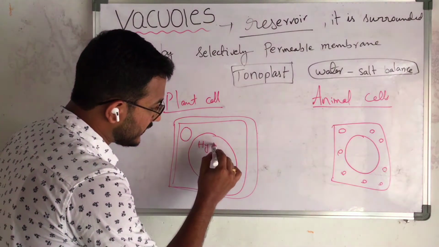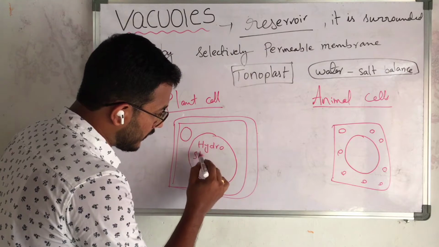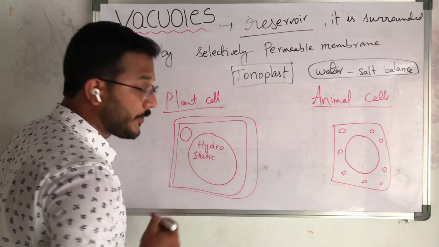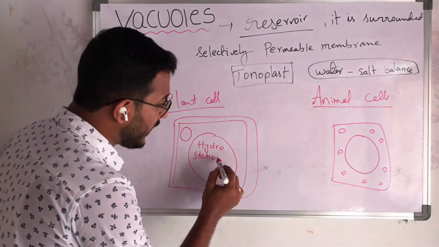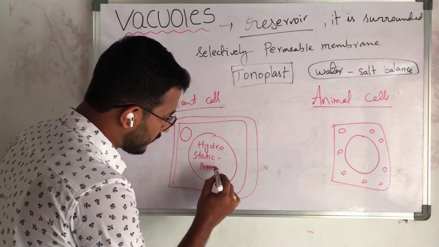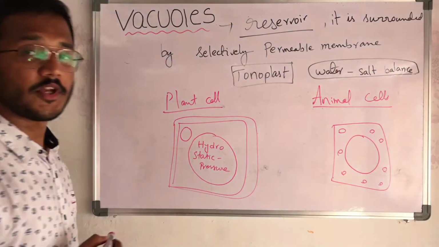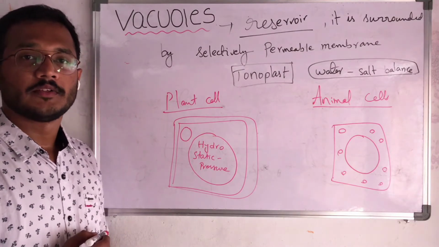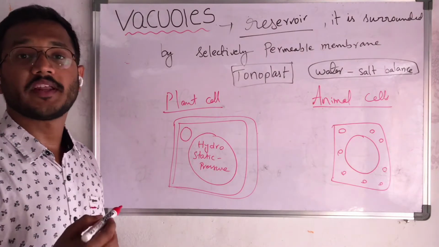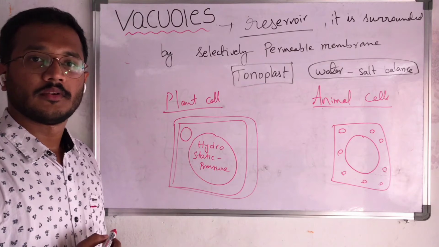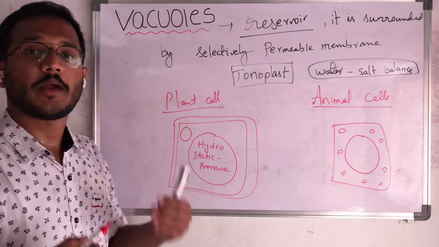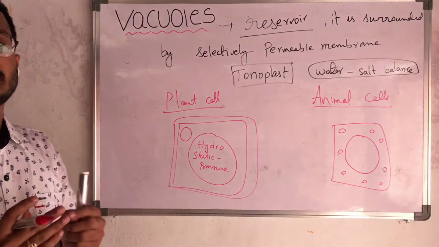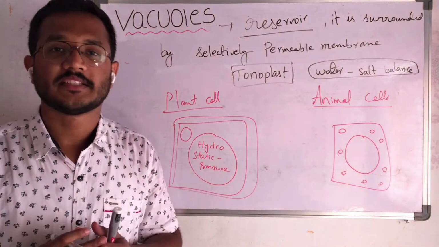in plant cells the vacuole helps in maintaining the hydrostatic pressure because they are absorbing more water. Each and every cell has high amounts of water. So due to high amounts of water the cell may rupture, because if more water is entering the body, the cell wall cannot resist the pressure.